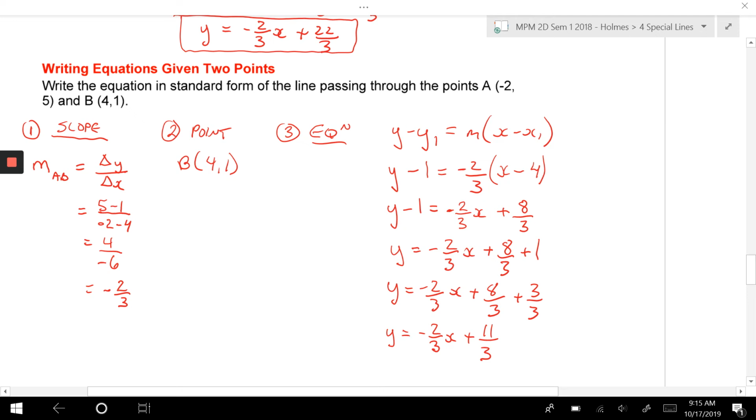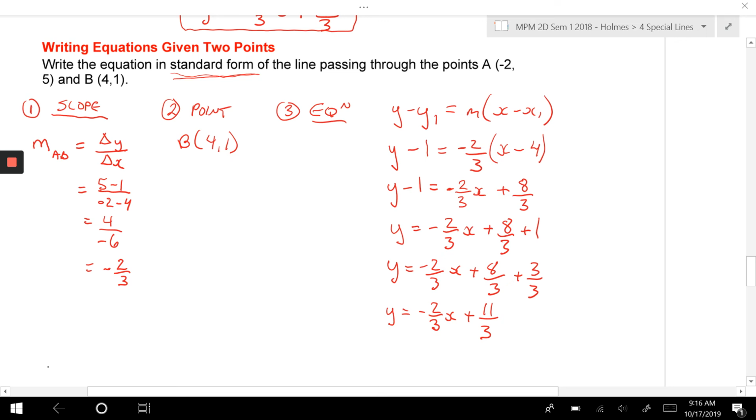So this is great. I've found y, but I just realized the question says to write the equation in standard form. So now that I've calculated y, I need to actually convert it into standard form. I recognize that in standard form I cannot have fractions as my coefficients.